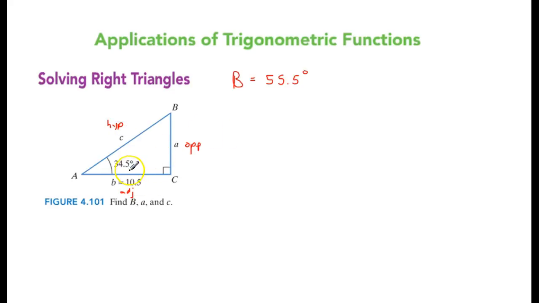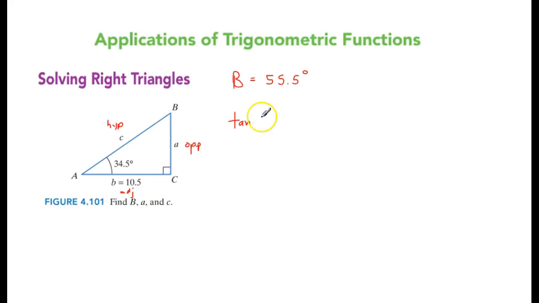So I need to set up a trig function that'll let me solve for A and C. So I could use the opposite over the adjacent with the angle, or I could use the hypotenuse over the adjacent with the angle. Either way, but like I mentioned in the last video, whatever I set up, I'd like to set up the variable in the numerator of the fraction. So I'm going to set up the tangent, right? Tangent is opposite over adjacent.